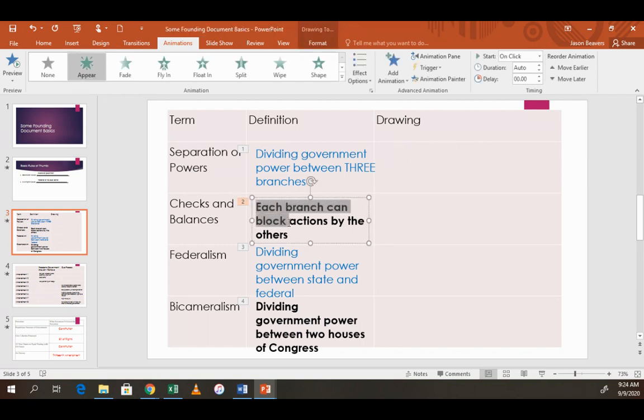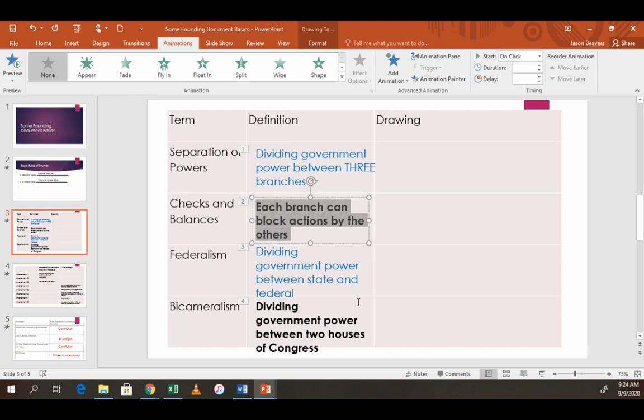Just go to checks and balances. This is another structure. Each branch can block the actions taken by other branches. Mr. Beavers will probably pause the video at this point and draw this on the board with you so that you can see what he means by that.